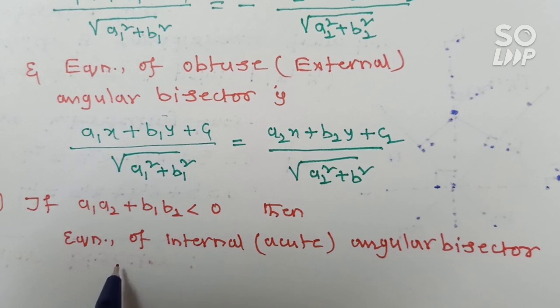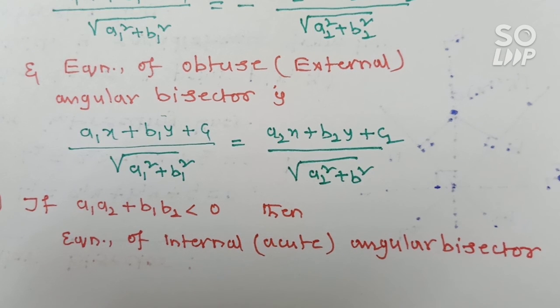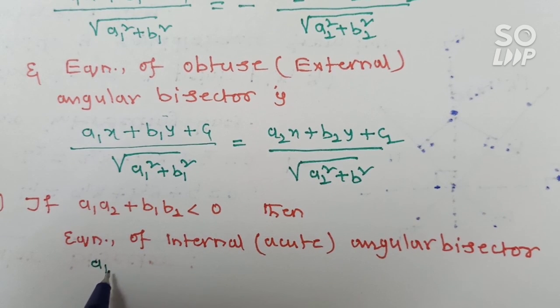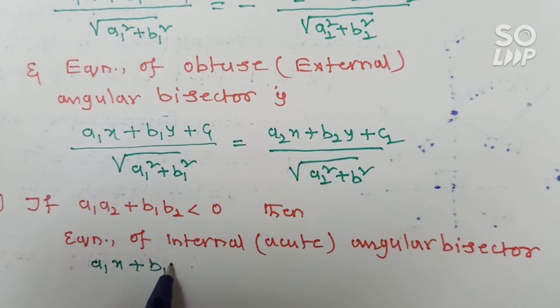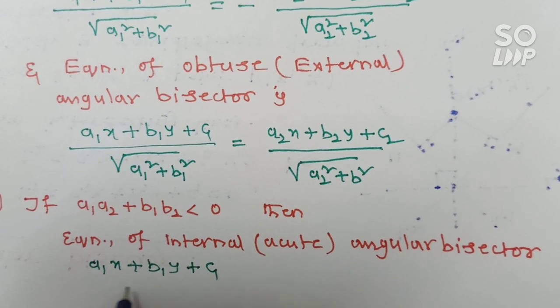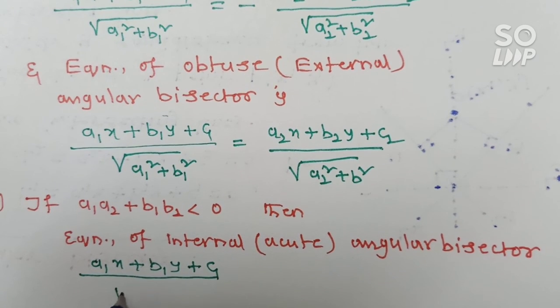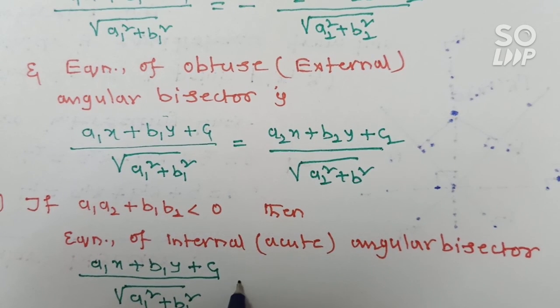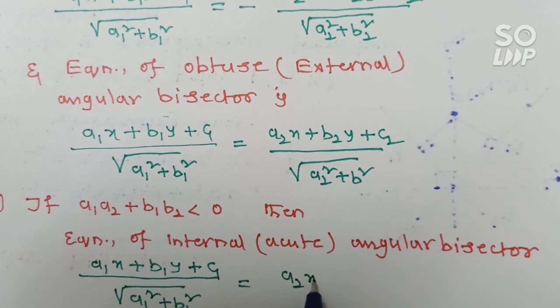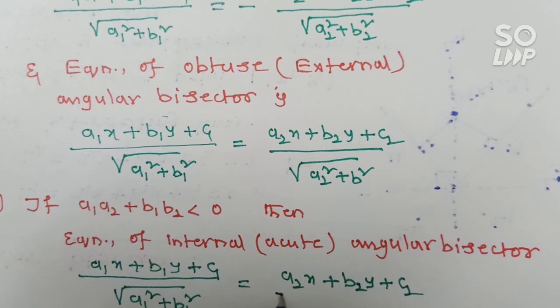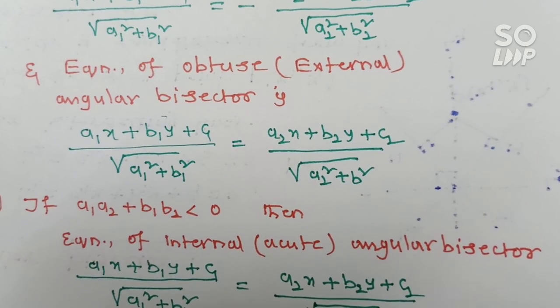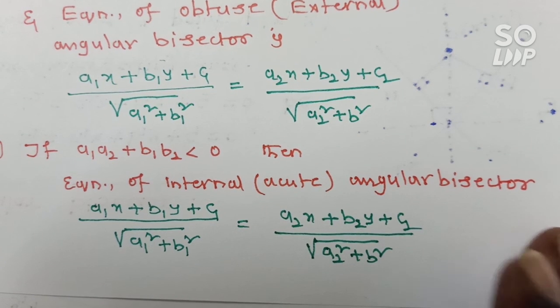So here we write a1 x plus b1 y plus c1 whole divided by root of a1 square plus b1 square is equal to a2 into x plus b2 into y plus c2 whole divided by root of a2 square plus b2 square, right?